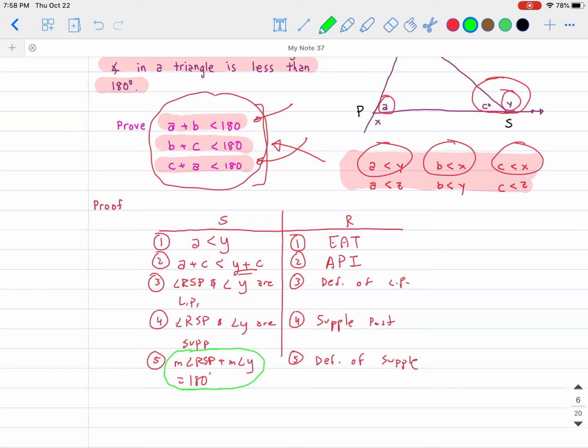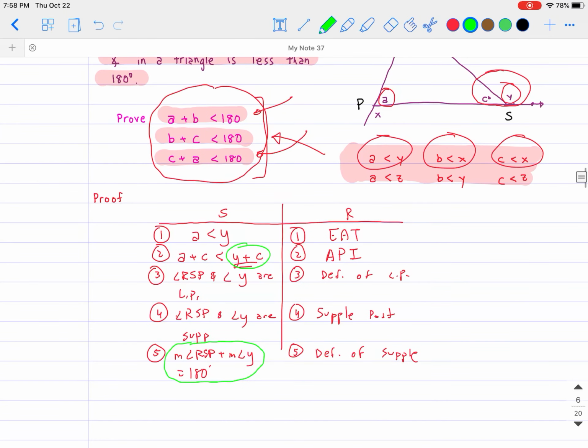Now, if you look at what I have in step 5 and what I have in step 2, the measurement of RSP is supposed to be C, so I can make that substitution to help you see it a little better. Step 6, I'll take step 5 and say that C plus Y is equal to 180, and that is because of a substitution in step 5.